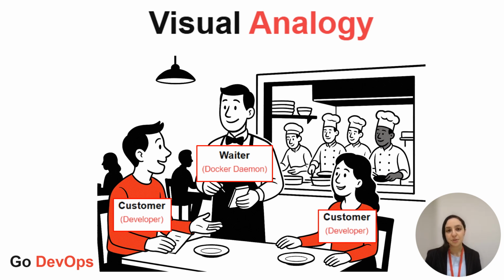Without the waiter, you'd be shouting directly at the cooks in the back, which is messy and inefficient. That's exactly what the Docker daemon does. It's actually the middleman that takes your command, like the docker run command, and turns it into a running container.